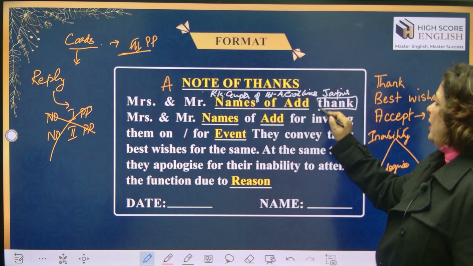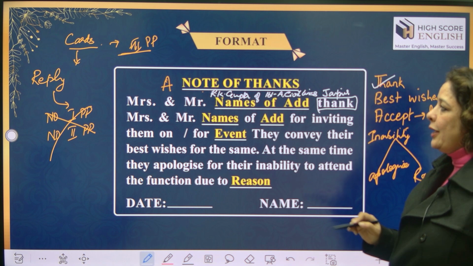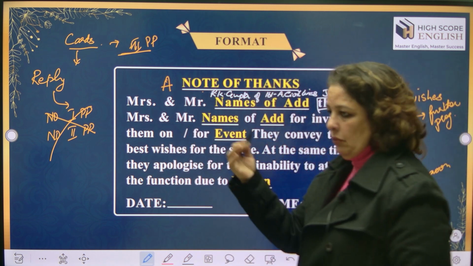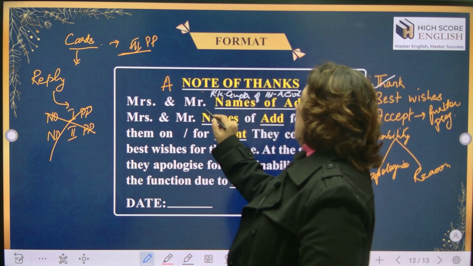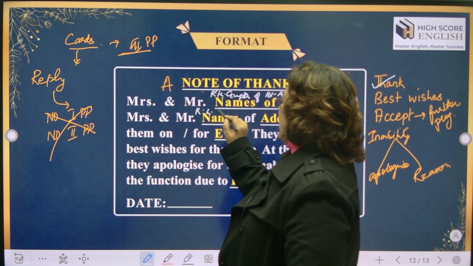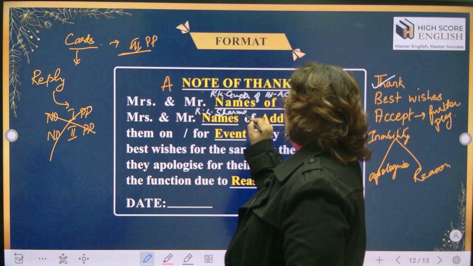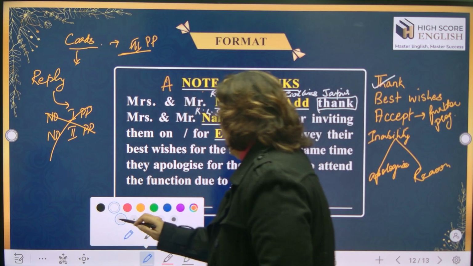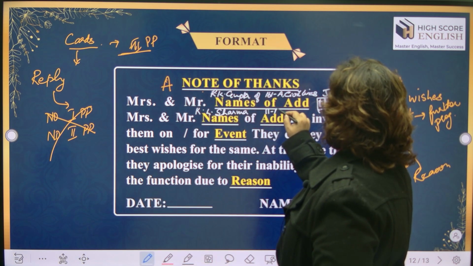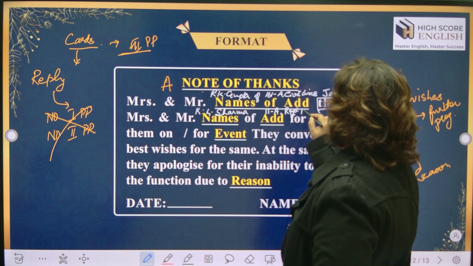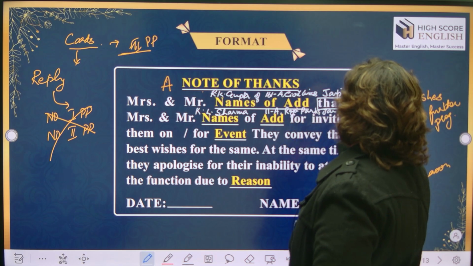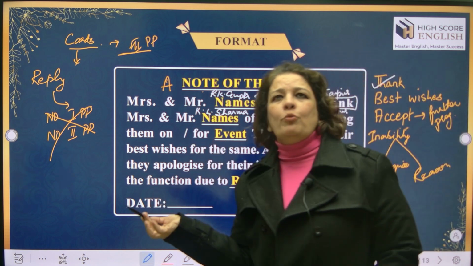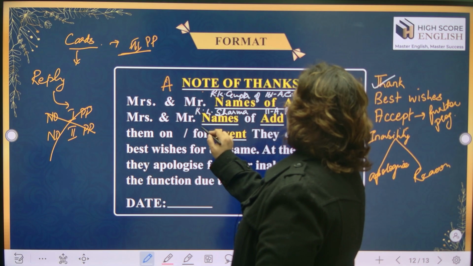Thank. What are they doing? They are thanking. And they are thanking whom? Those who have invited them. Obviously, they are thanking the host, Mrs. and Mr. K.L. Sharma of 11A Raja Park, Jaipur, for inviting them on the wedding of their son.